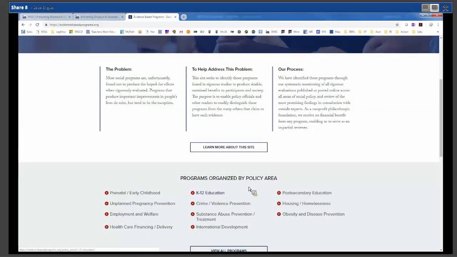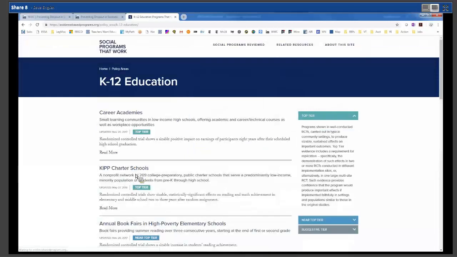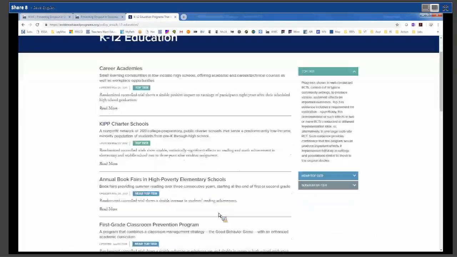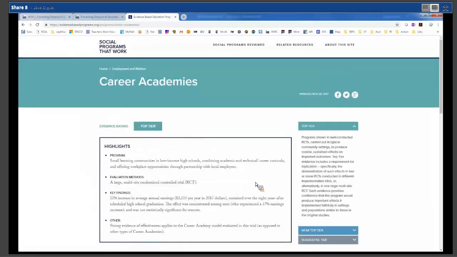For this particular website, you could go into the K through 12 education program area, for example. And there you will find different interventions rated by tier, top tier or near top tier. And I showed you how those tiers are addressed in the tables that we provided.